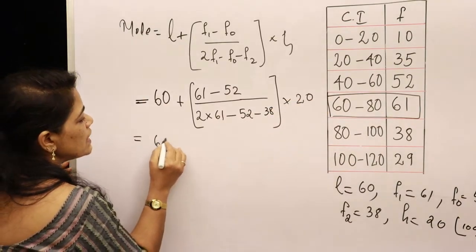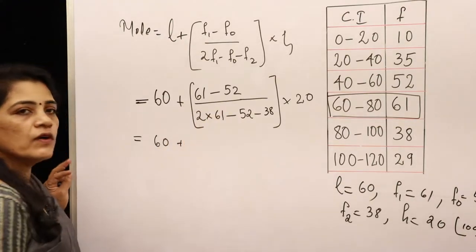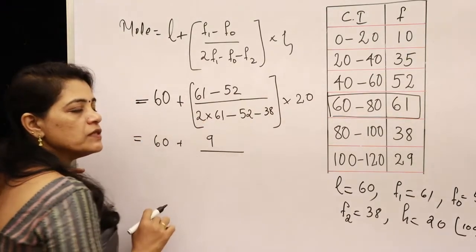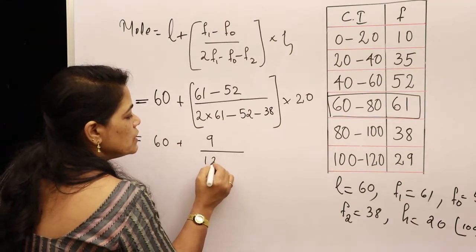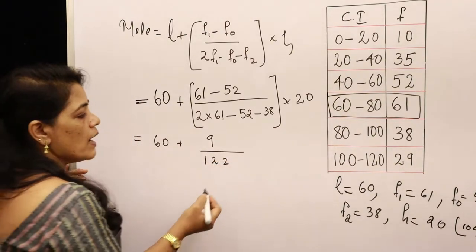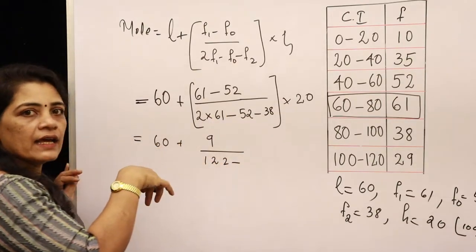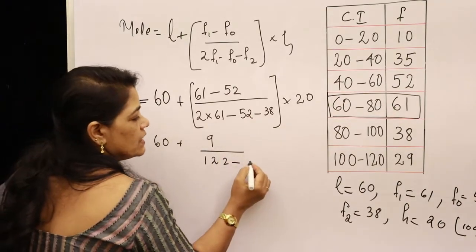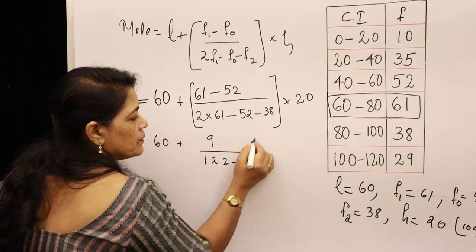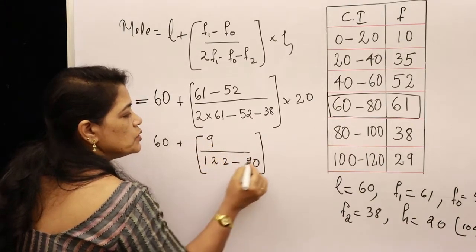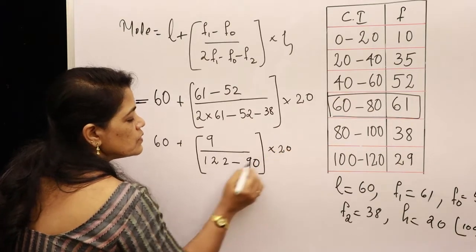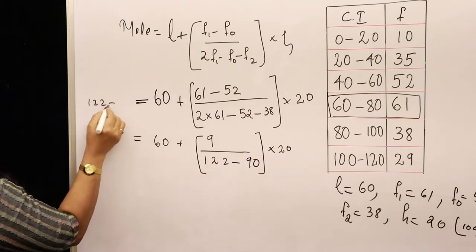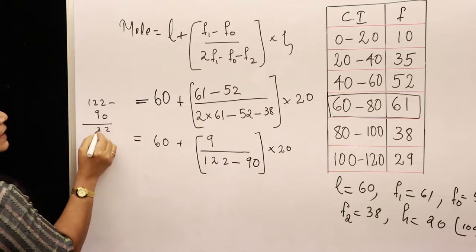So 60 plus, in the numerator, 61 minus 52 is 9, divided by 2 into 61, that is 122, minus, being negative, you can add 52 plus 38, that is 90, negative 90, into H, 20. So 122 minus 90 is 32.